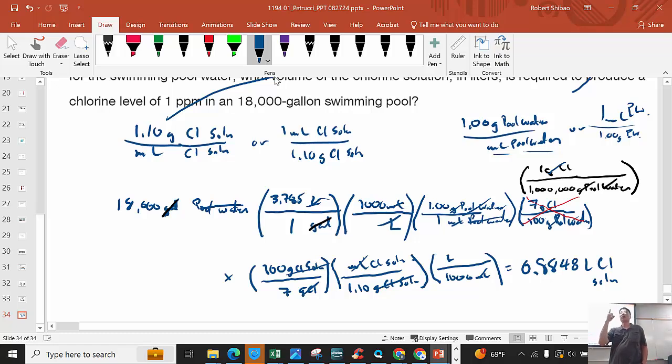That one looks like 1 sig fig, but if it's a standard, let's say the federal government or the state government or the city government requires a chlorine level of 1 part per million in their pools, then we could take that as infinite. They want ideally exactly 1 ppm. Yeah, there would be a plus or minus, but here we could just call it infinite. Just say that's the standard.